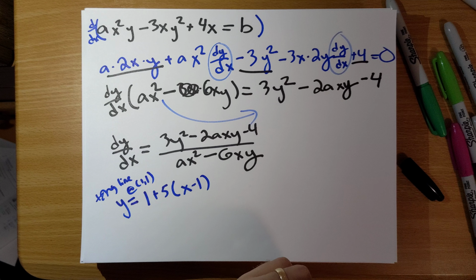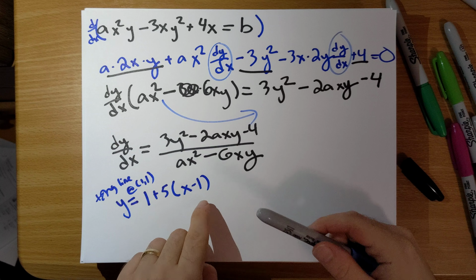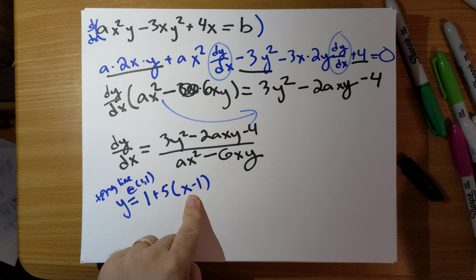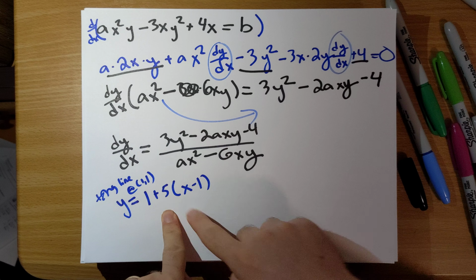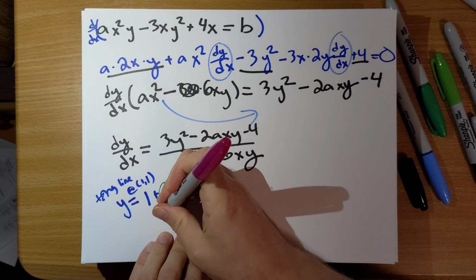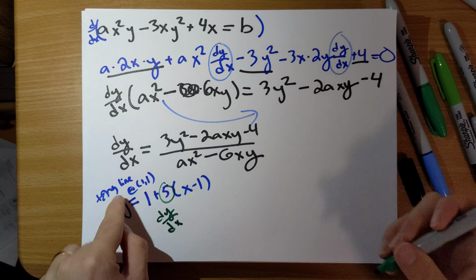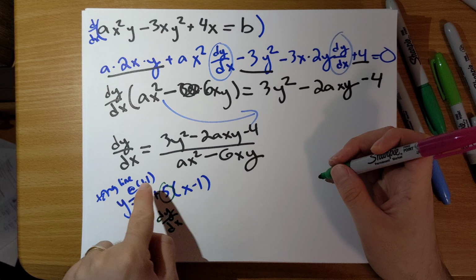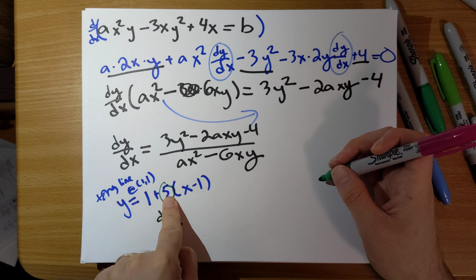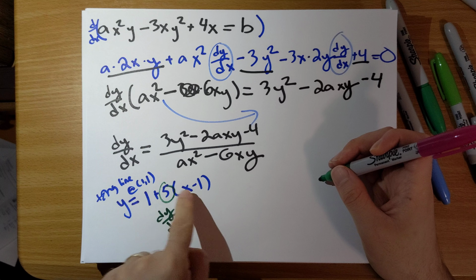This is giving us what a is. How is that giving us what a is? We should be able to read off of this. This is dy/dx at (1, 1). So when x is 1, y is 1, dy/dx is 5. The slope of the tangent line here is 5.